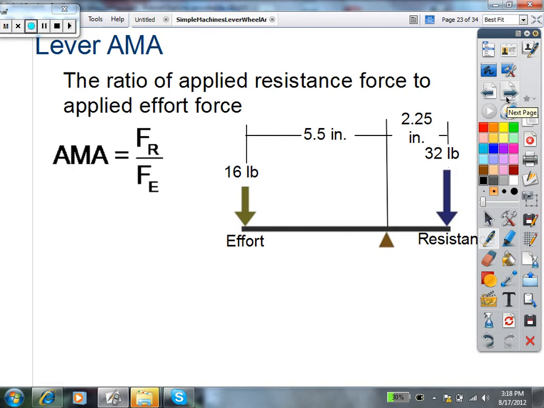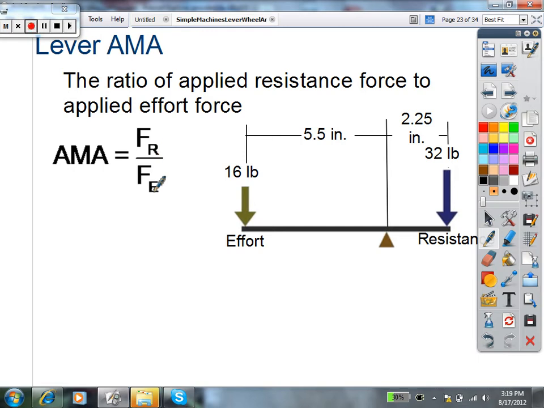Now, the actual mechanical advantage, this is something we actually measure. So if we set up a system and had a 16-pound effort force 5.5 inches away from the fulcrum, and the resistance force was actually 32 pounds, that was 2.25 inches away, the actual mechanical advantage is just going to be the resistance force divided by the effort force.